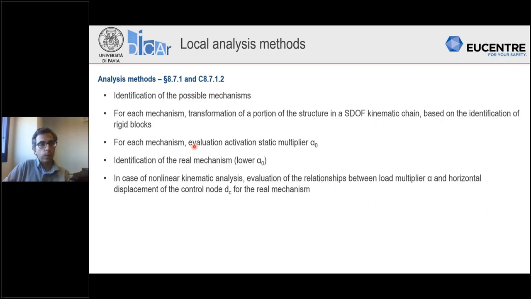For each mechanism, we then have to calculate the load multiplier alpha 0 corresponding to the activation of the mechanism. We then have to minimize alpha 0 in order to identify the real mechanism. In case of the nonlinear analysis, we have also to evaluate the relationship between the load multiplier alpha and the control node displacement.